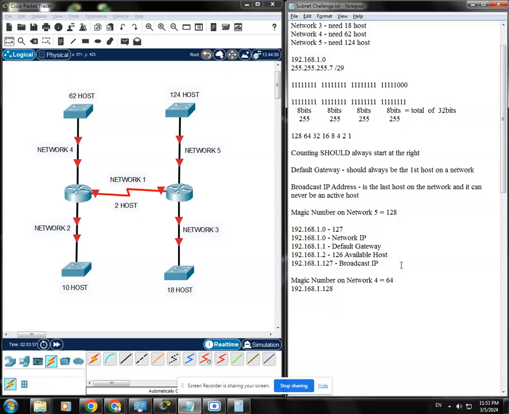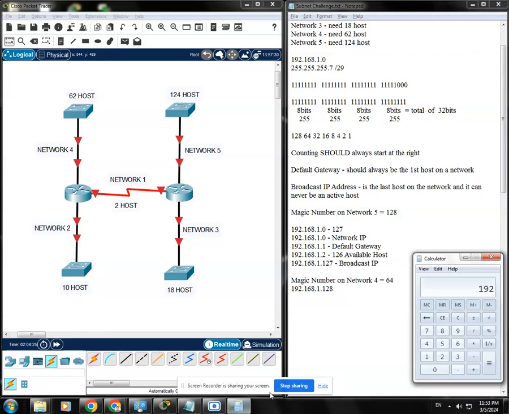We need to use the next IP address after the broadcast IP address of this network. So this will be the next network that we can use on network 4, which is 192.168.1.128. Since we need 64 hosts, we need to count, including the 128.